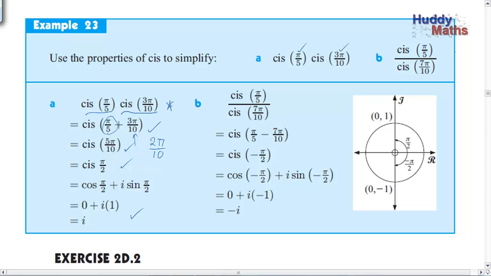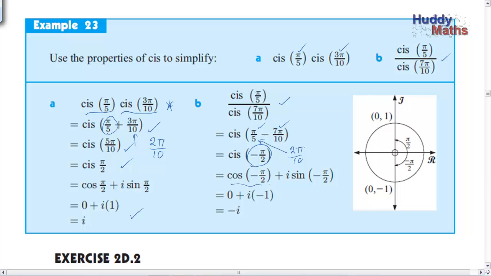Okay, what about this one over here? Here it is, cis pi on 5 divided by cis 7 pi on 10. Division, as we've proven above, is the subtraction of the arguments, so we want to change this again. This is 2 pi on 10 minus 7 pi on 10, which is negative 5 pi on 10, or negative pi on 2.